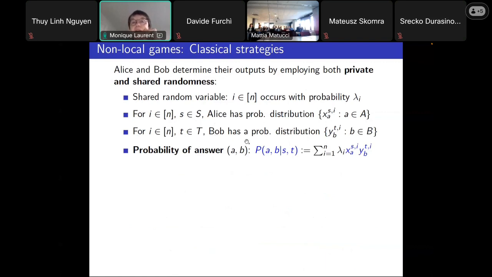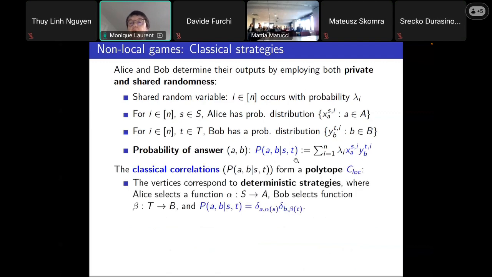And the same for Bob. He has a probability y_{b,t} over his answers for every question t. And then the probability of answering a, b is defined by taking the product x_{a,s} times y_{b,t}. And here, since there was this shared randomness, you sum over all i, multiplying by lambda i times this quantity.